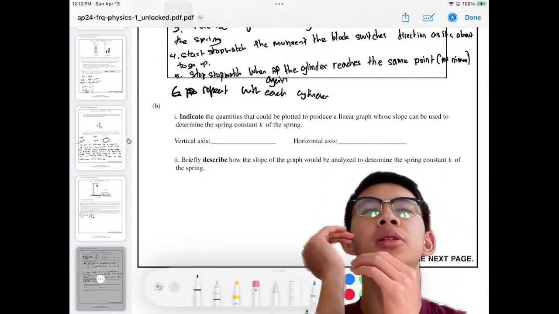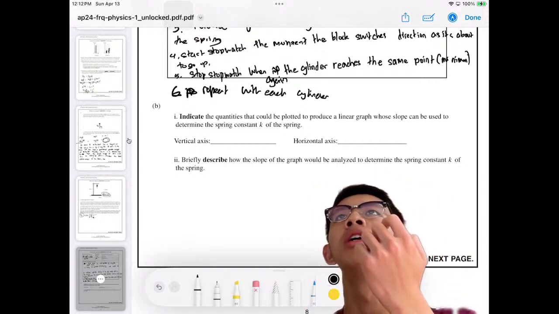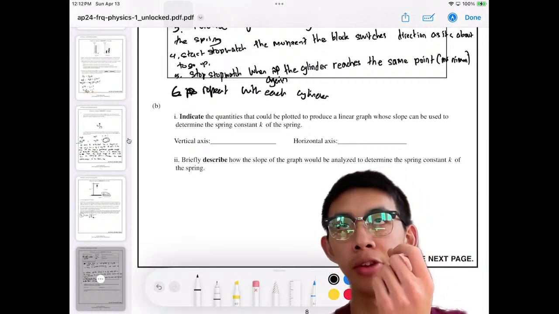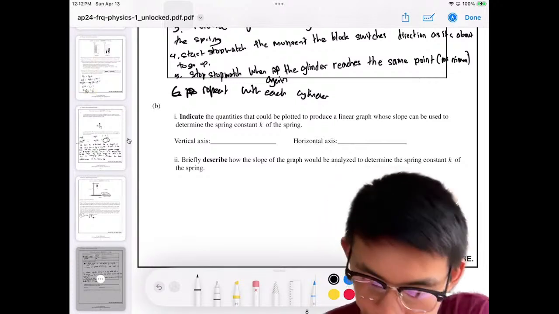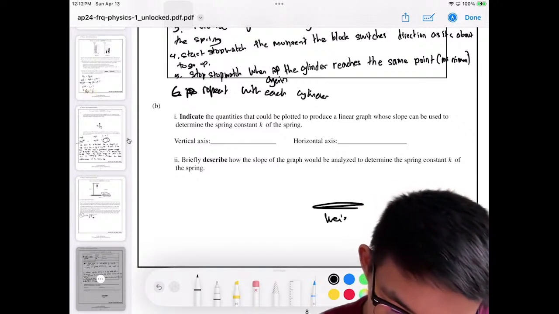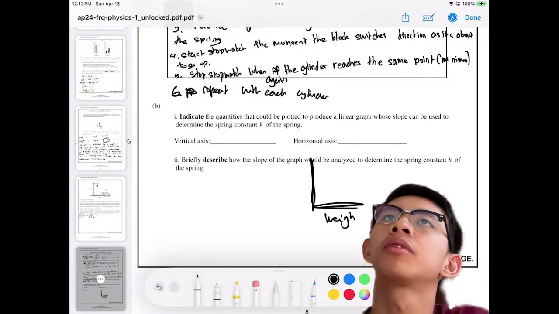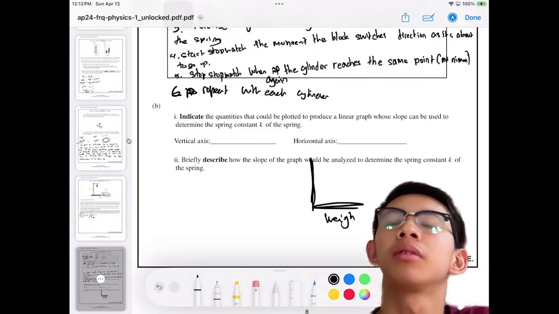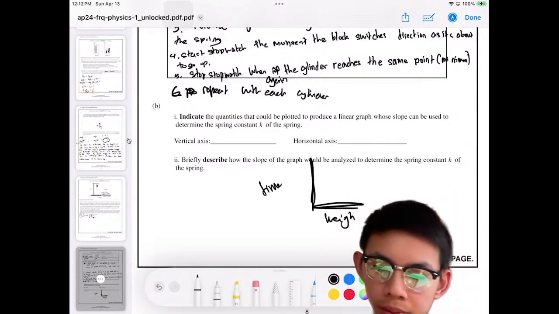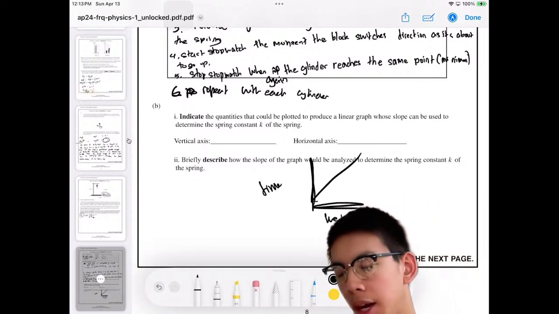My independent variable is me changing the masses of the block. My dependent variable is the thing I'm measuring, and that's the time. So the x-axis is going to be weight, and my y-axis is going to be time, and then the slope is going to give me the k.